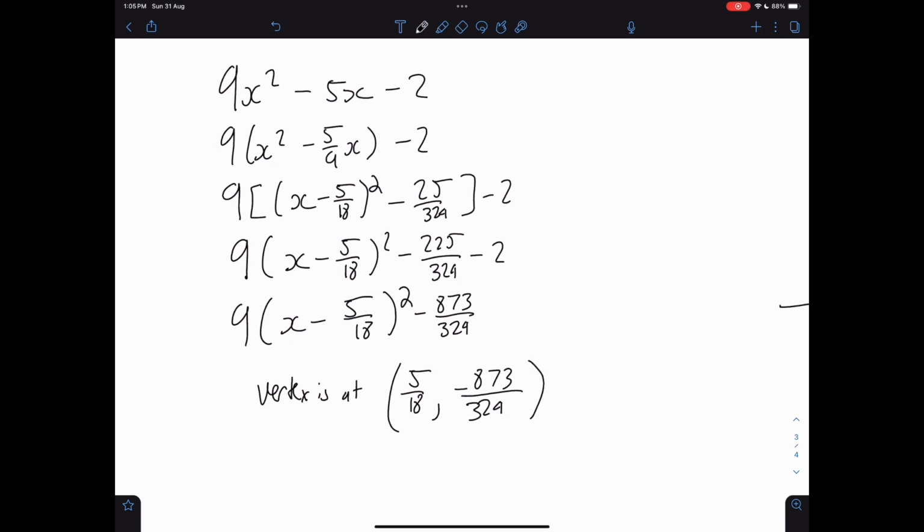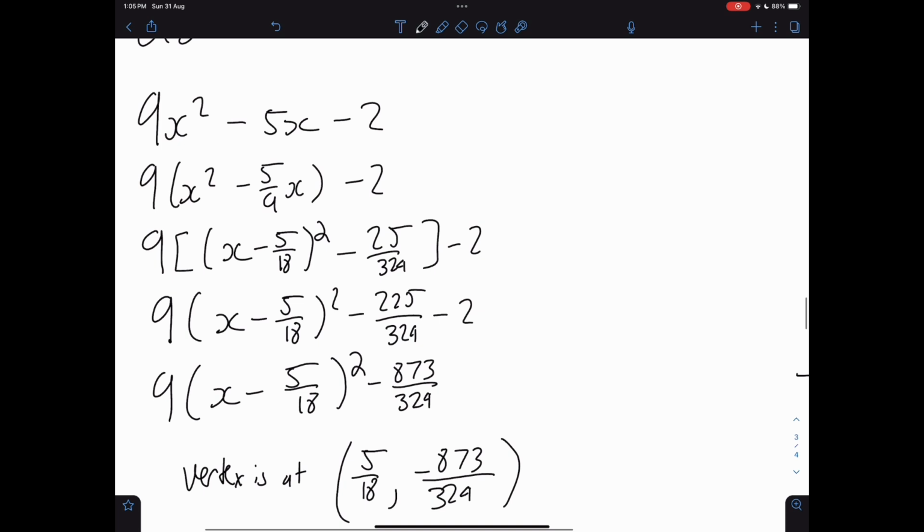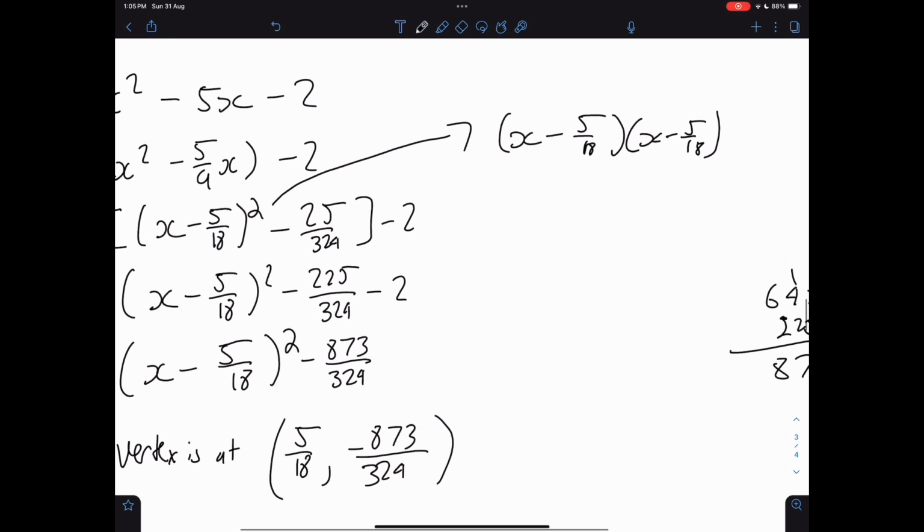But why? Why did I suddenly halve that like that? Just think about how we factorized. This here is equal to x minus 5 over 18, times x minus 5 over 18, right? When you expand that, you'll get x squared, as you know, and then you would add those two together, and that would be multiplied by x.